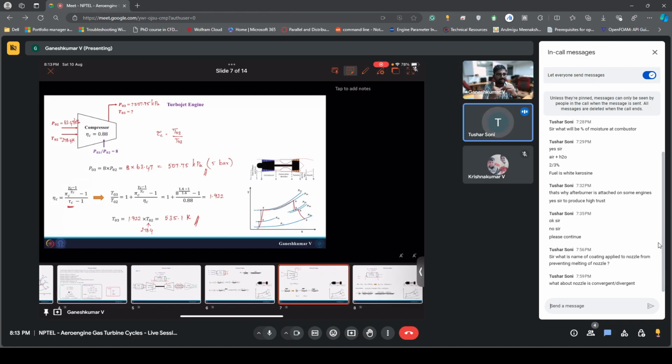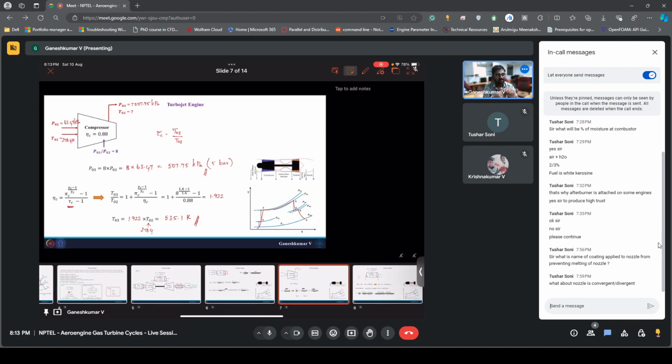It also increases the temperature and moisture percentage in the combustion. Combustion follows Newton's third law: every action has an equal and opposite reaction. If you go more over there, less compression is there, then vice versa, everything goes back, and there are many chances that the engine shuts down. Sometimes the pressure can go down, and then cavitation can happen.